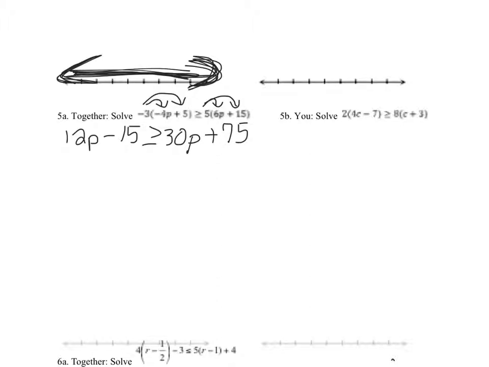Okay, then we're going to do our river. I'm going to move my p's first. So I'm going to do minus 30p. I like to move my variables to the right side, left side personally.